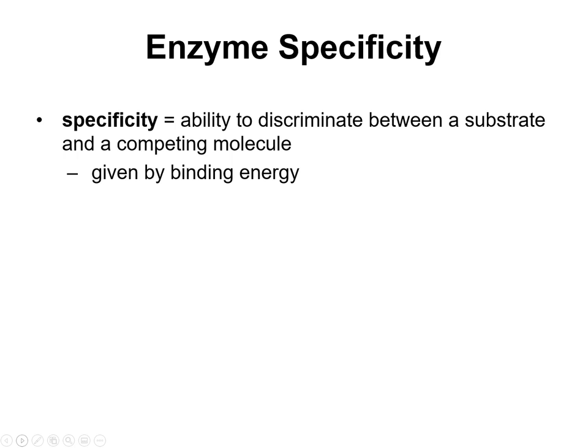But a substrate, which enzymes can have multiple substrates, the substrate is going to dip a toe in and say, oh yeah, this is great. I'm going to get comfortable here. Start stretching out, and then you form that transition state, and then the chemistry happens. So the specificity comes from that binding energy.